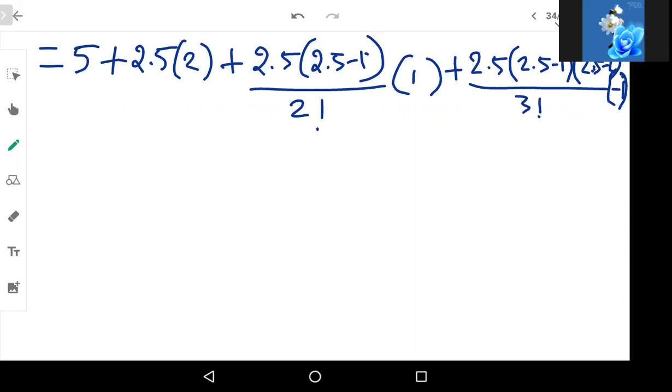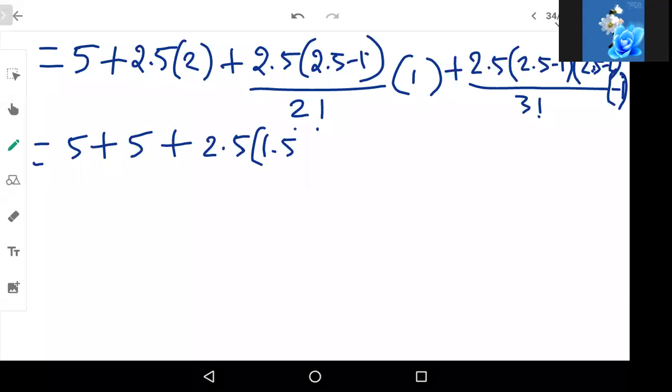Did you all understand how to take the values and put them into the formula? Is it clear? Okay, now let us simplify. So 5 plus 2.5 into 2, plus 2.5 into 2.5 minus 1, so 2.5 into 1.5 divided by 2 into 1.